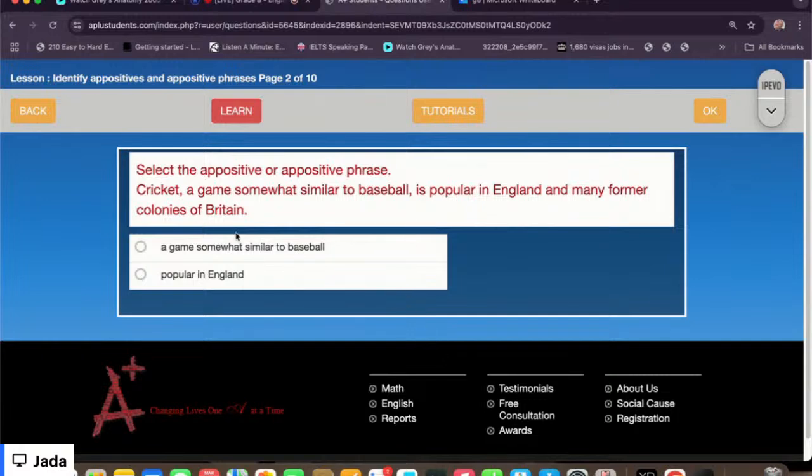All right. So we have cricket, a game somewhat similar to baseball, is popular in England and many former colonies of Britain.